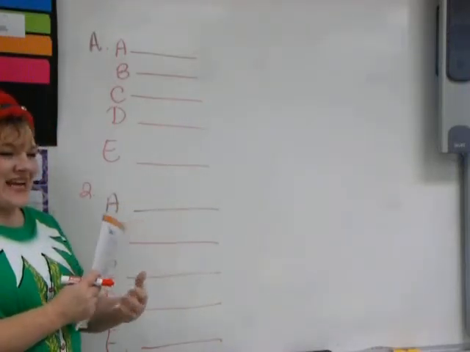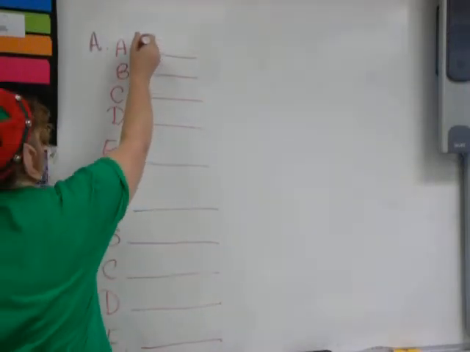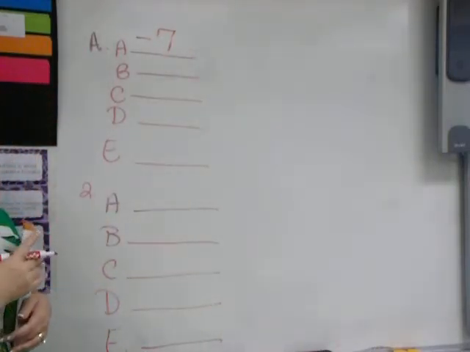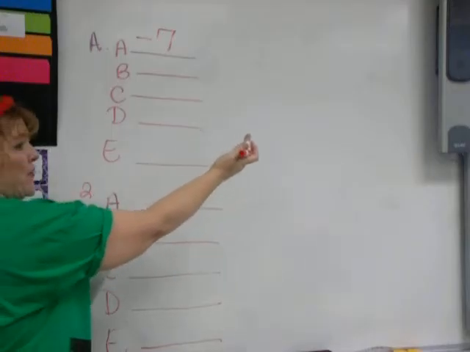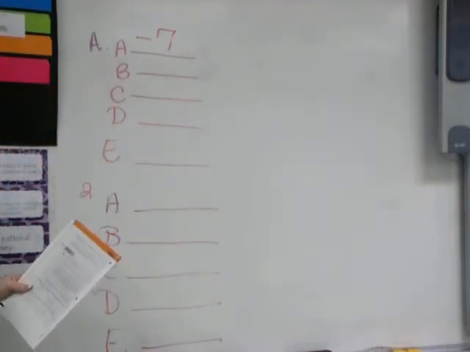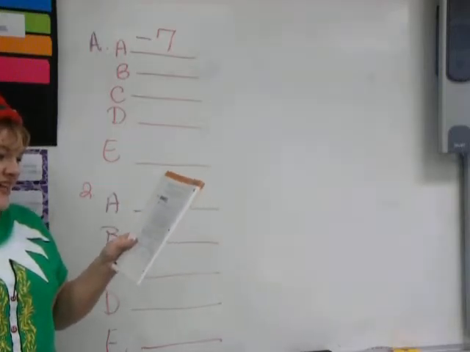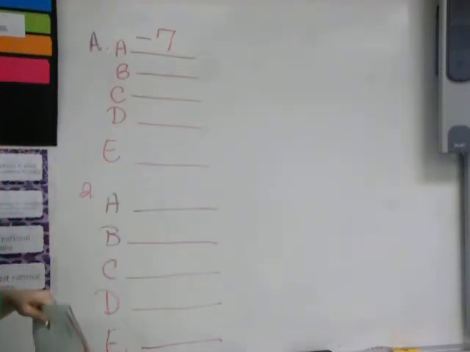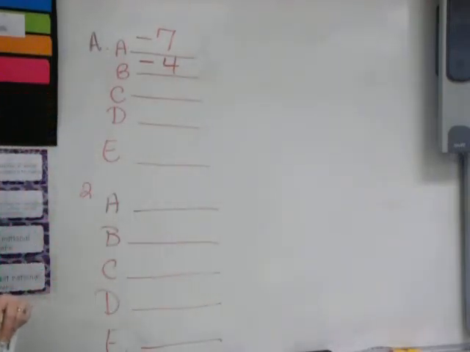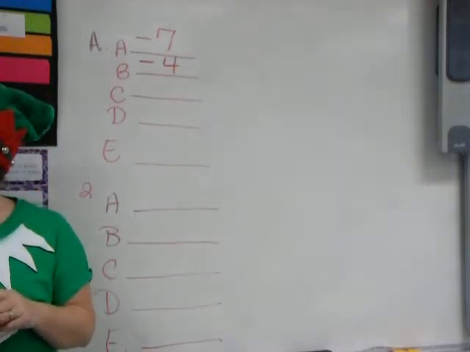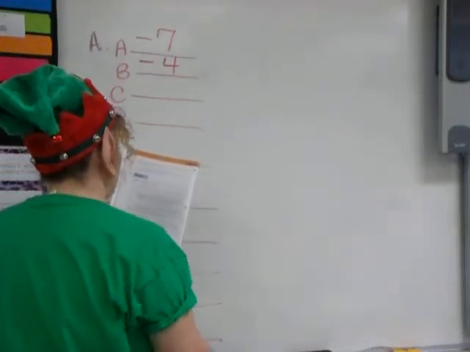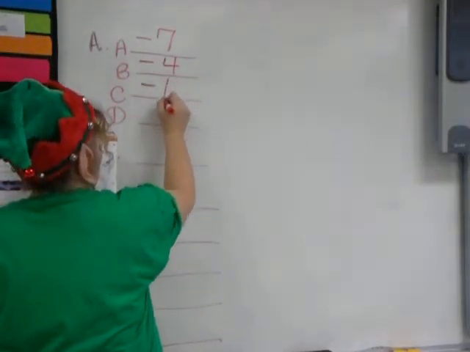A is on -7. Remember, they are numbered backwards from 0 left. The 7 is before the 8, going from right to left. B is on -4. C is on -1.5.